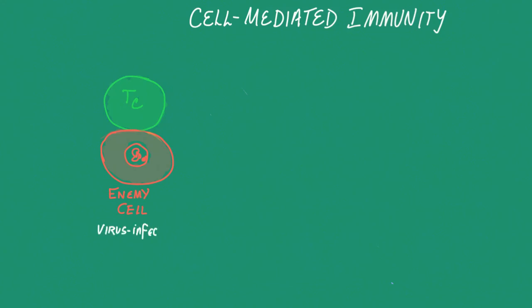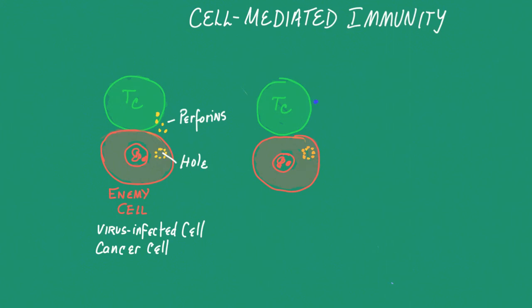We'll start with the cytotoxic T cell that is shown here in green. When it comes across the enemy cell, which is shown in red, it releases a protein called a perforin. The enemy cell could either be a virus-infected cell or a cancer cell. These perforins help to make a hole in the enemy cell. The cytotoxic T cell then uses this hole to introduce the enzyme called granzyme that is shown in blue.